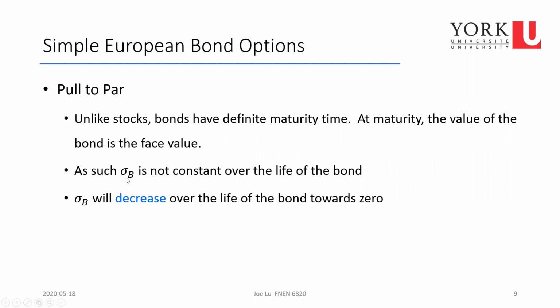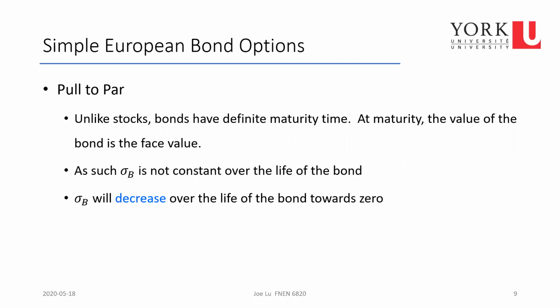we see the consequence of that is this sigma, the volatility of the bond, is actually not a constant over the life of the bond, particularly towards the later part of the bond when it's close to maturity. And as the bond approaches maturity, the value becomes more certain, and the volatility of the bond process will actually decrease over time to 0.